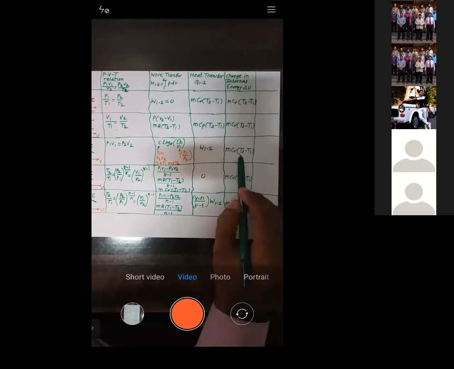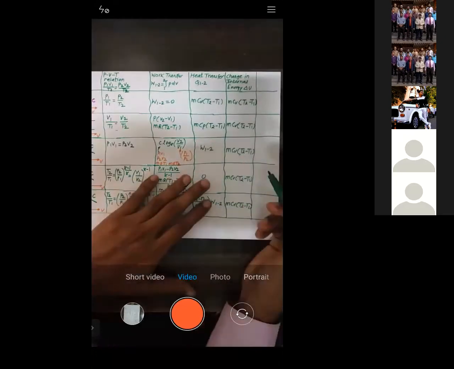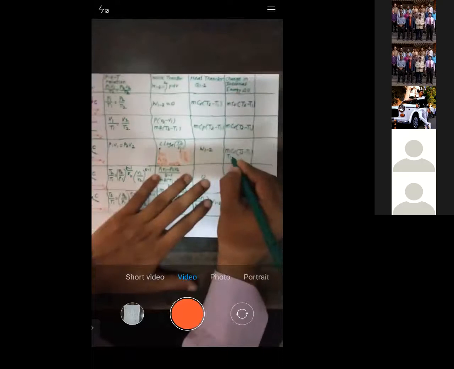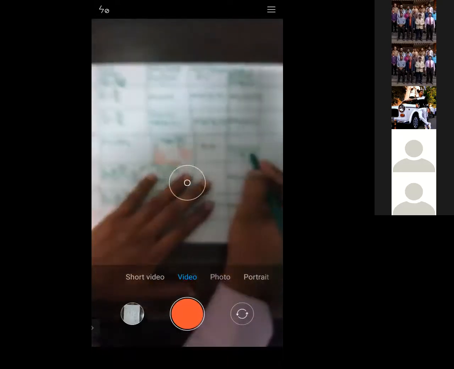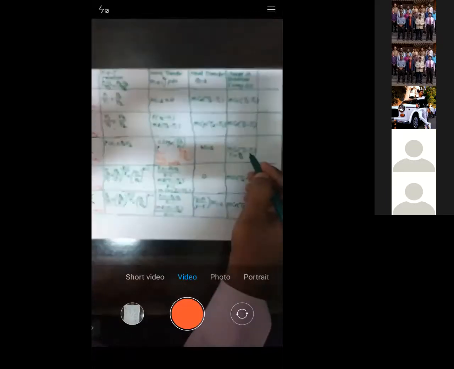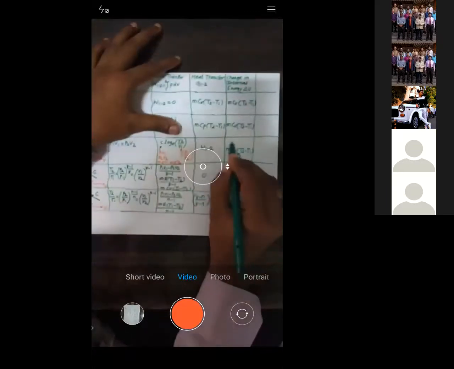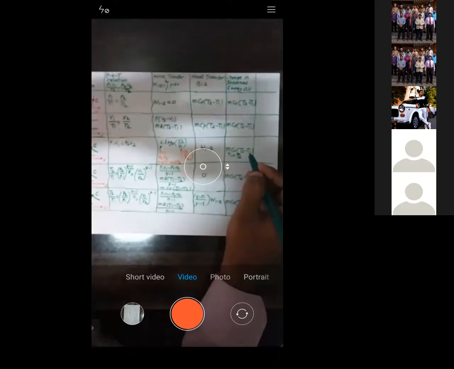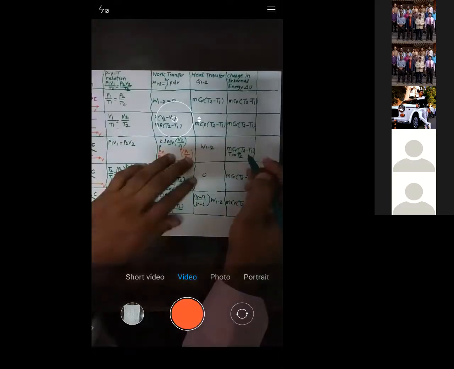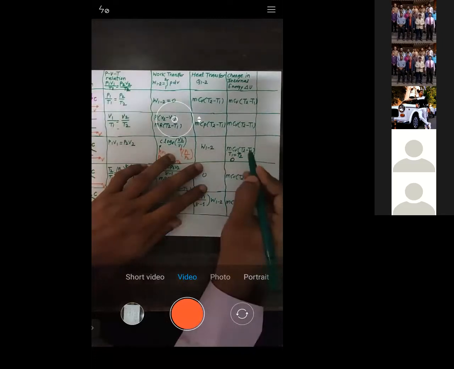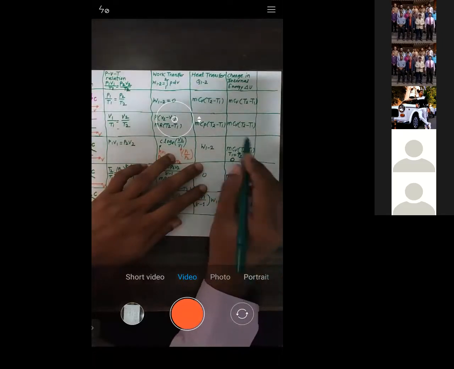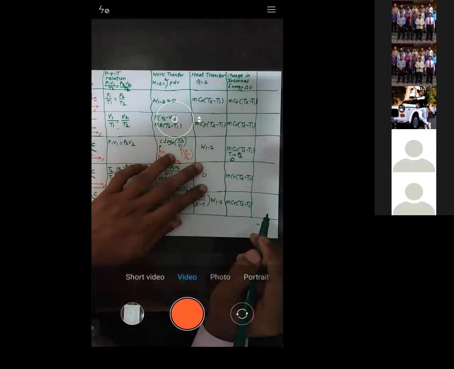But you observe that this is the isothermal process, where T1 is equal to T2. So the term mCv (T2 minus T1) will become 0, because T2 is equal to T1. This is for the isothermal process, so the change in internal energy is 0.